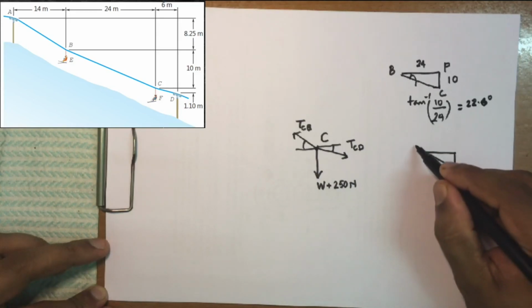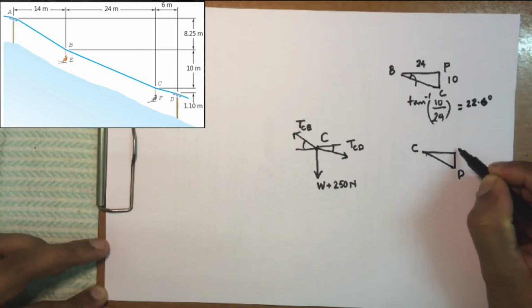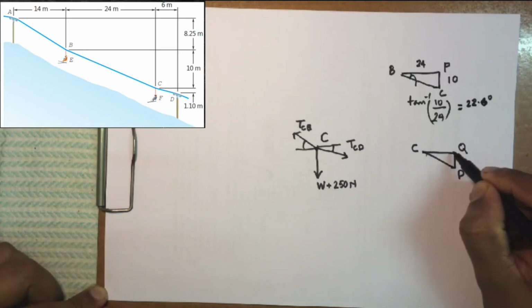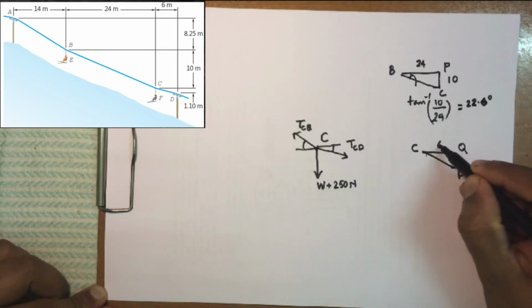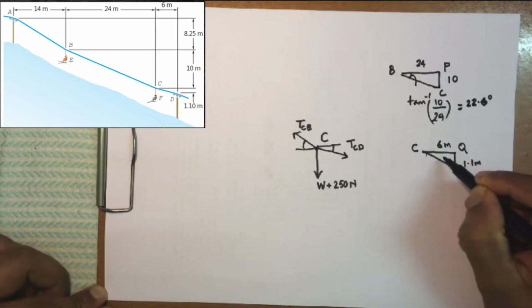This point is known to be C and this point is known to be D, and let me name this point as Q. So this length here is given to be 6 meters according to the figure, and this length here is known to be 1.1 meters.